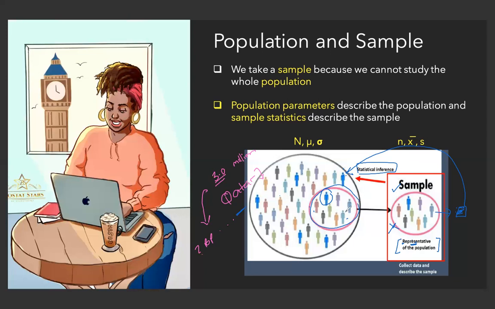So the more scientific example I wanted to give you is if this big population is Qatar, and obviously we know that here in Qatar, we have different kinds of people, right? We have babies, we have children, we have young adults, and we have elderly people.